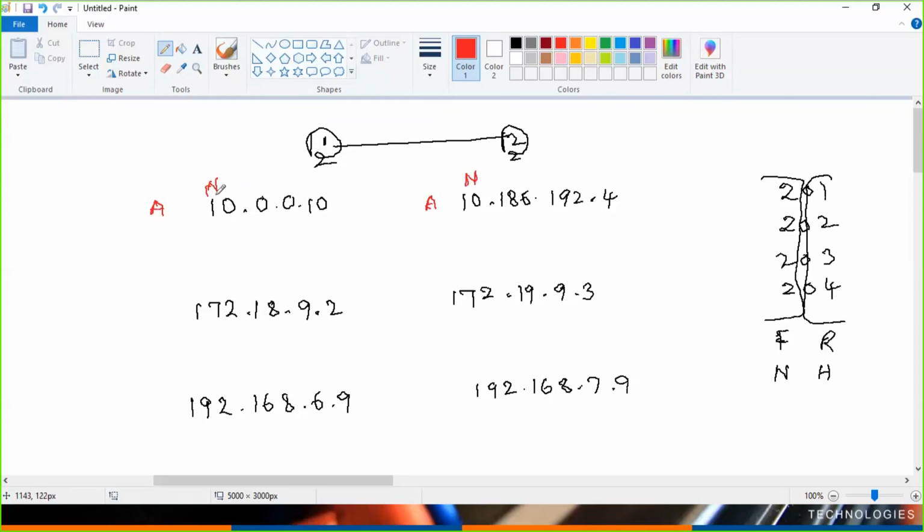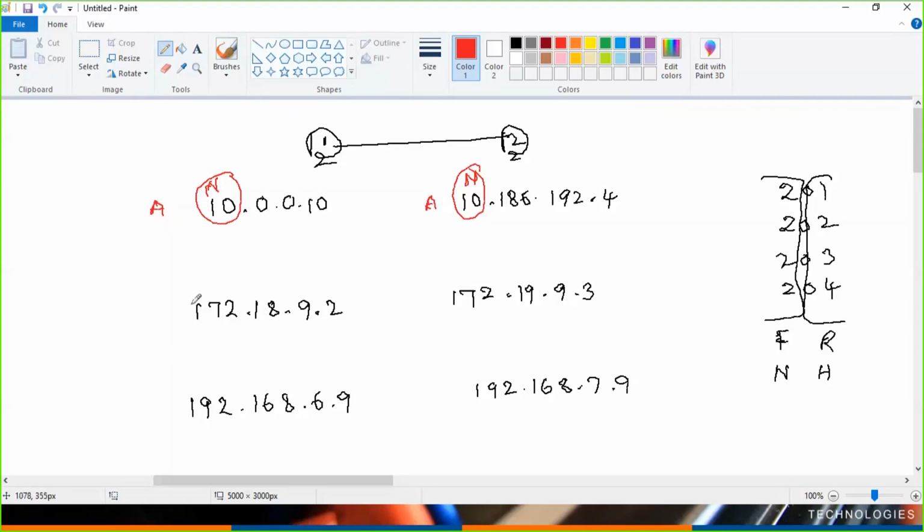Now, the first device is on the 10th floor, and the second device is also on the 10th floor. Are device 1 and device 2 in the same network or a different network? Same network. It's the 10th network, and it's also the 10th network. So the host can be any number, here 0.0.10, here 186.192, it can be any number actually. The network portion is the same, so they can communicate. Got it? Yes.